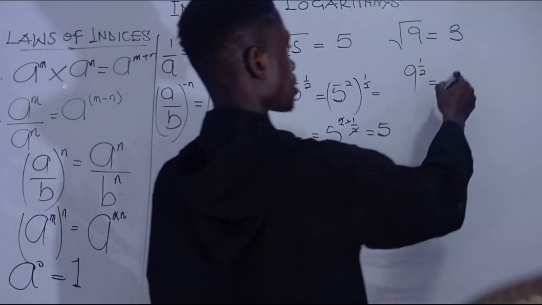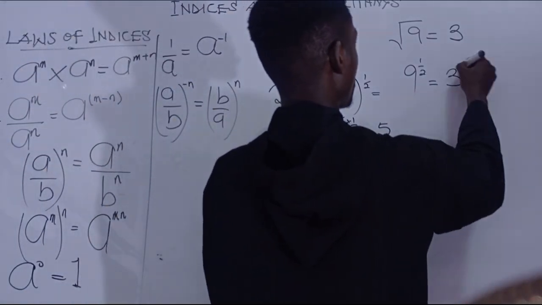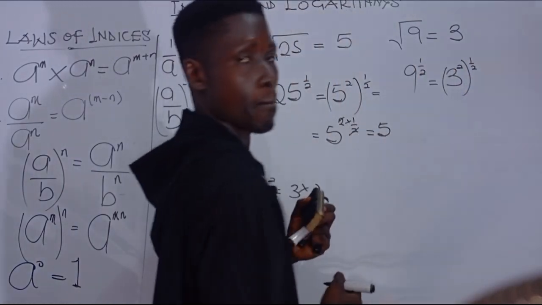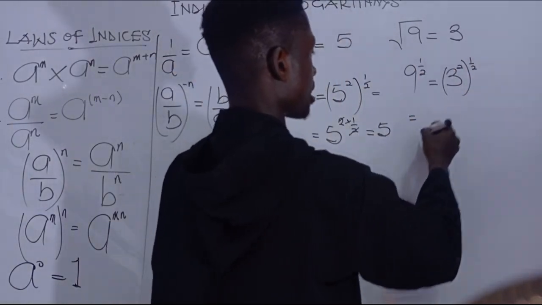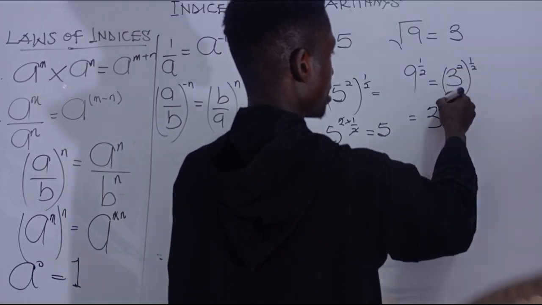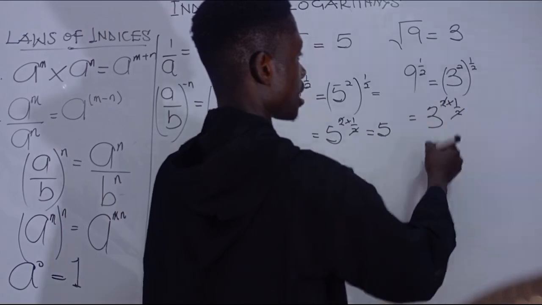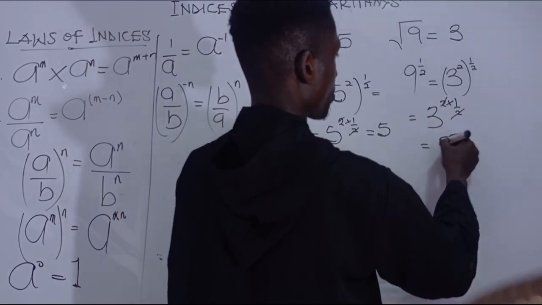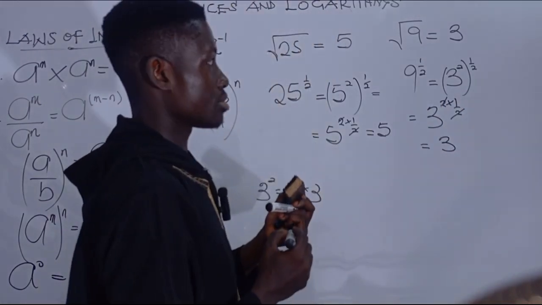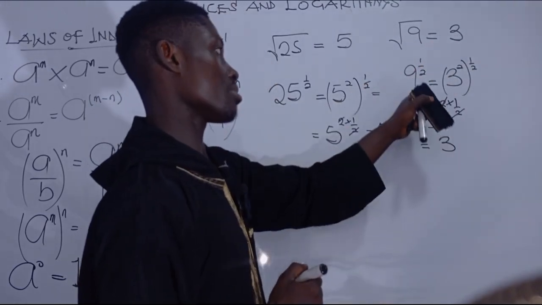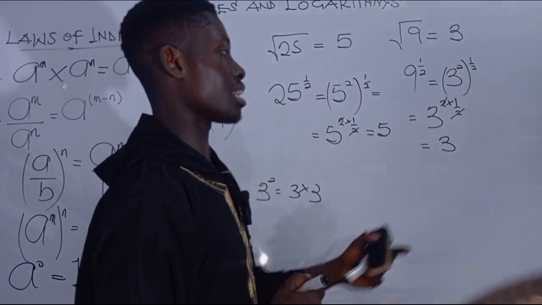So you can write 9 as 3 raised to the power 2, or raised to the power half. Now this can be written as 3 and then 2 times 1 over 2. So this can cancel this, we have 3. So you can see the root of 9 is giving us 3, and then 9 raised to the power half is giving us 3.